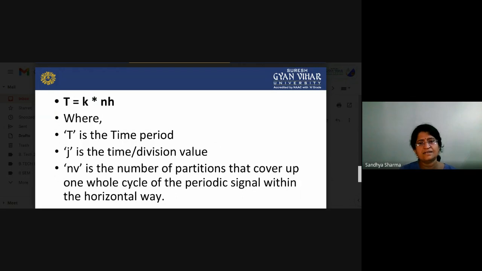So we measure time in the horizontal way, and when we talk about amplitude, we measure our signals in the vertical way. Capital T is the time period. When you multiply K into NH, you get the actual time period of that particular signal.